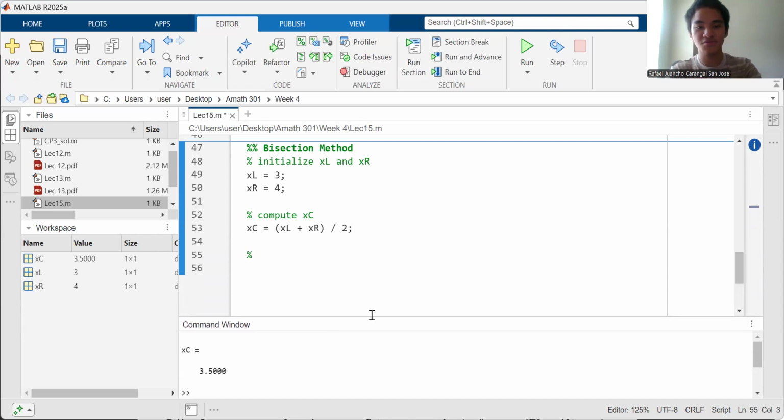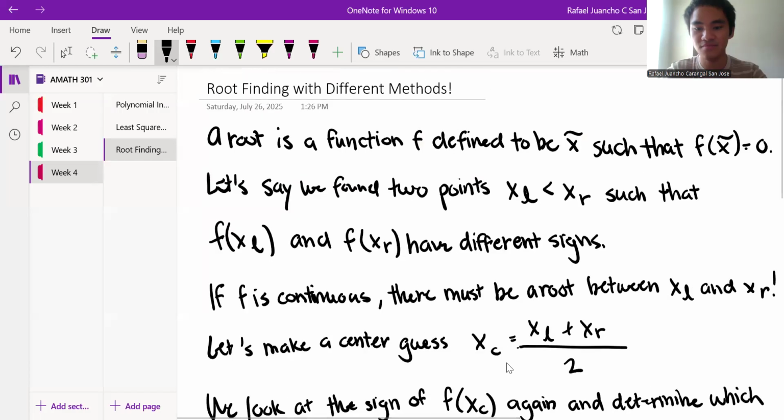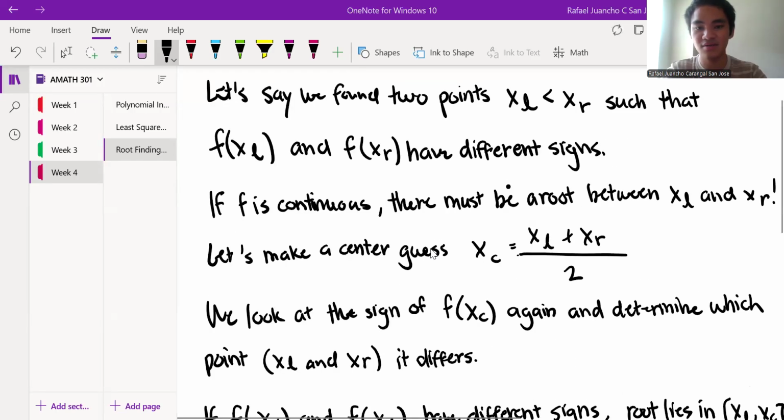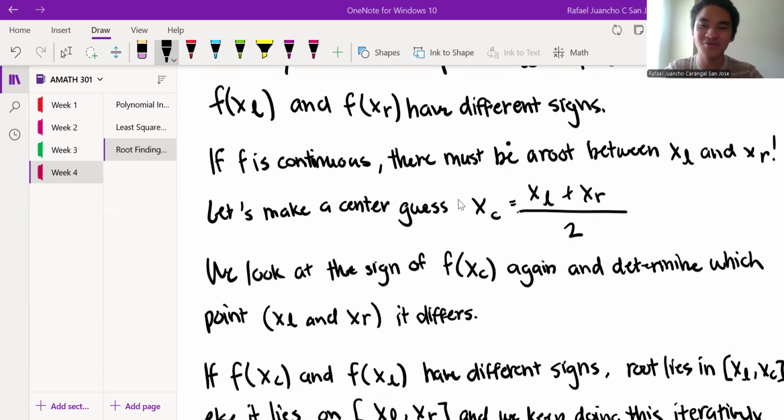Then what's the next thing I'm gonna do? I'm gonna do a while loop. So here I want to check. Like I did in my notes here, if we share this again, what I did was compute XL and XR, those two points. Technically I didn't compute them, I just plugged them in.